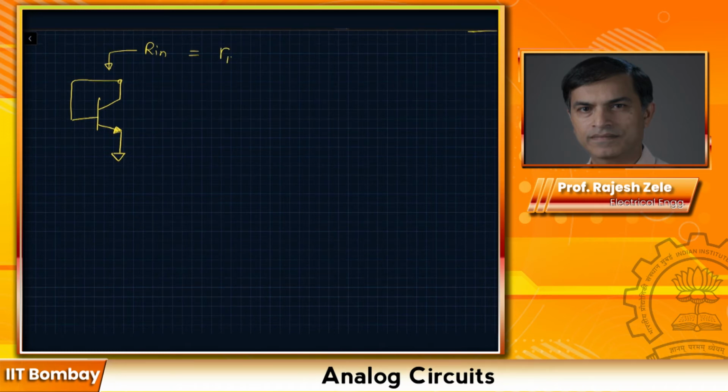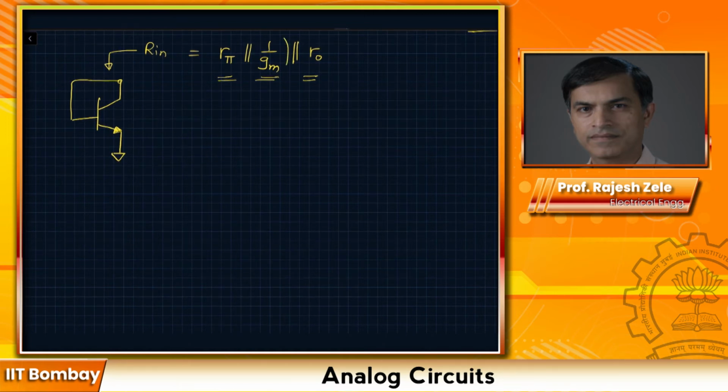first, you have R pi in parallel with 1 over GM, because it's connected the way it is, in parallel with the output resistance of the bipolar transistor. And out of all these three numbers, which one is the smallest?